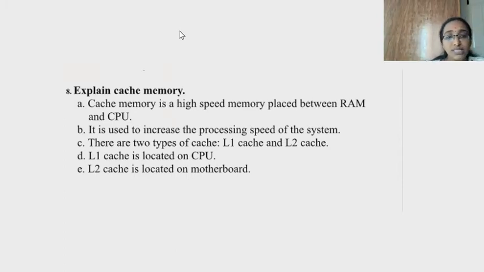During processing, the CPU first checks the cache for the required data. While performing a particular operation, the CPU checks the cache memory first. If the data is present, it takes it and operates very fast. If the data is not found in the cache, then it looks into the RAM.